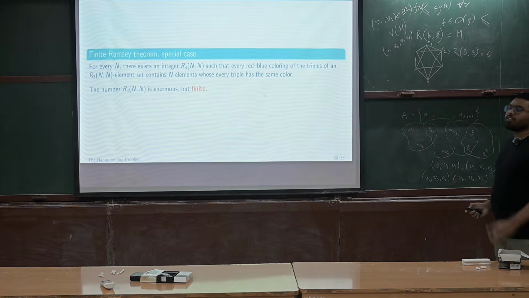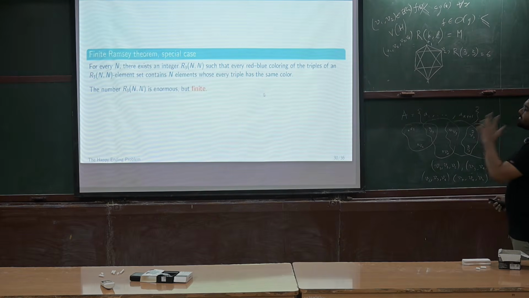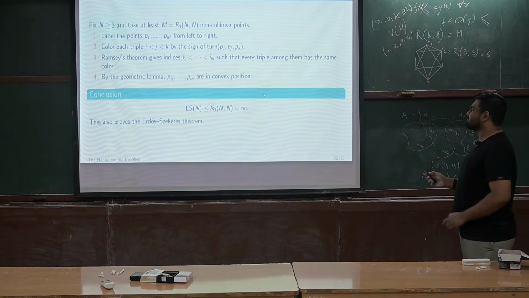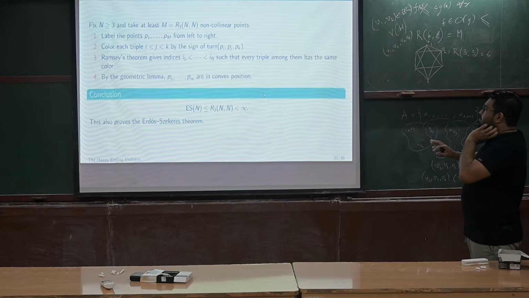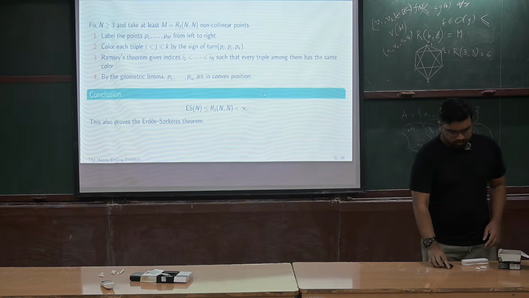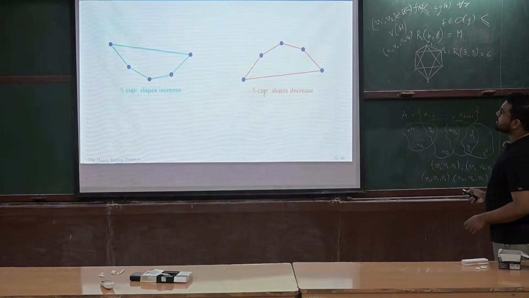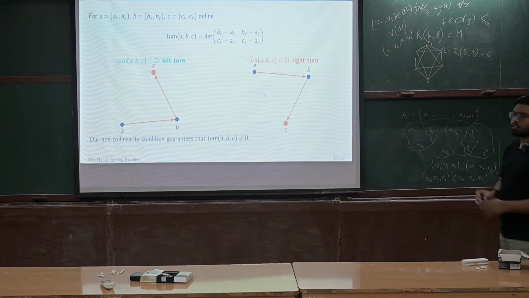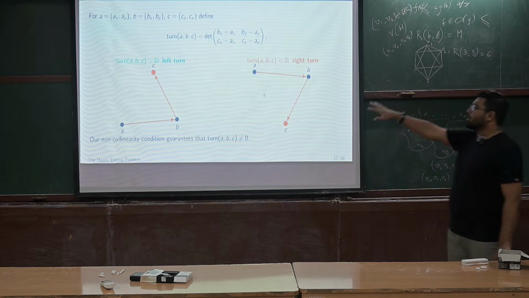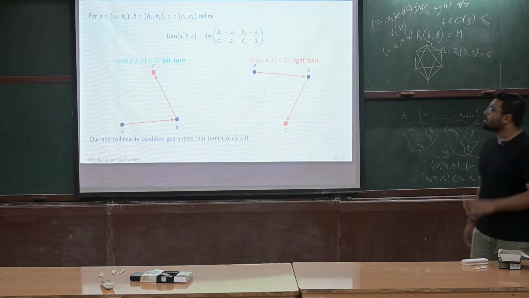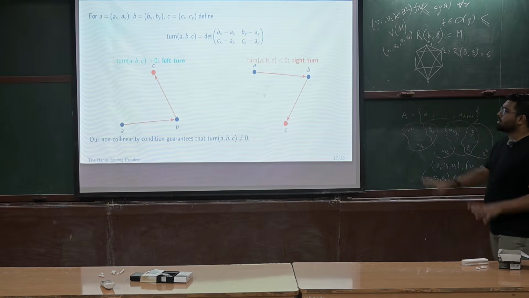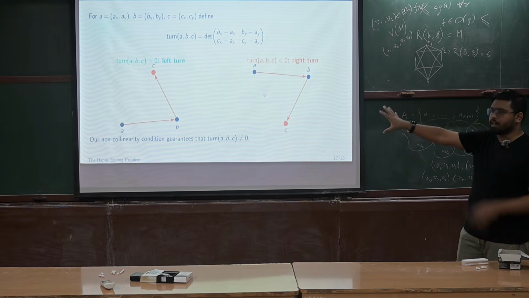So it will contain a monochromatic convex n-gon. Now for the proof of finiteness, we come back to this idea of turn. If we have a turn greater than 0, then we color the hyperedge containing these three vertices red.